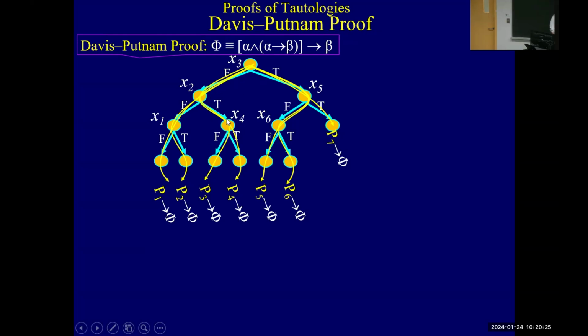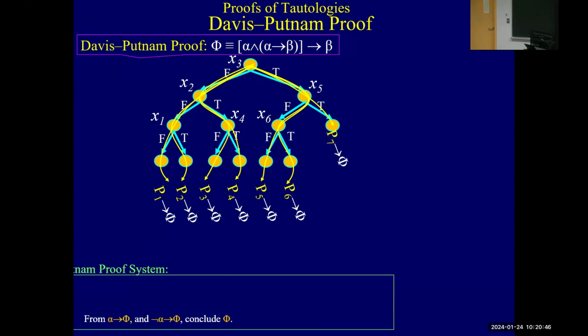P here is a path coming down here. And if this path is all true, then we get our result, right? So what we've done is for each path down the tree, we have the case that if that path is all true, then we get our result, right?